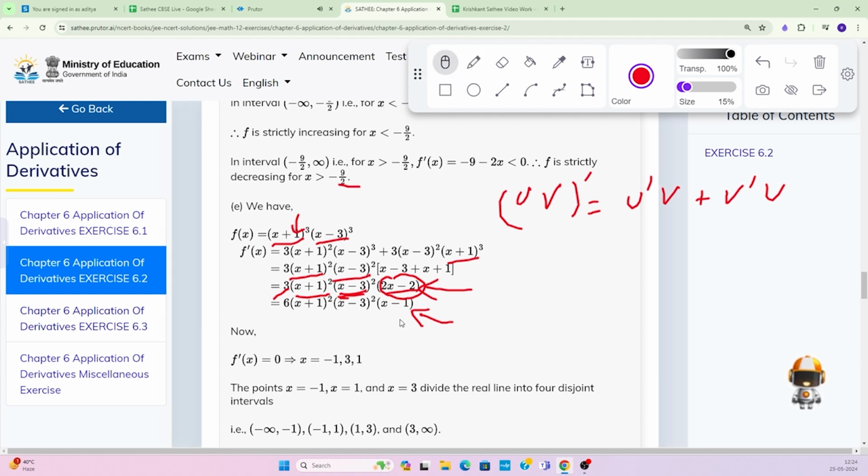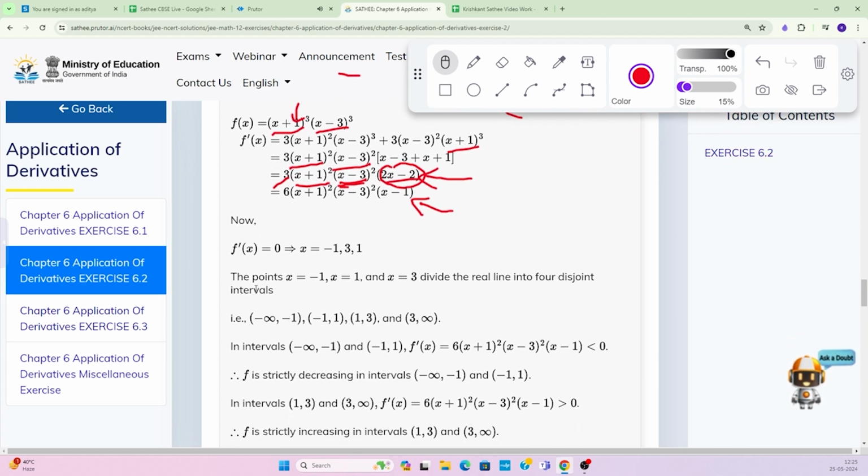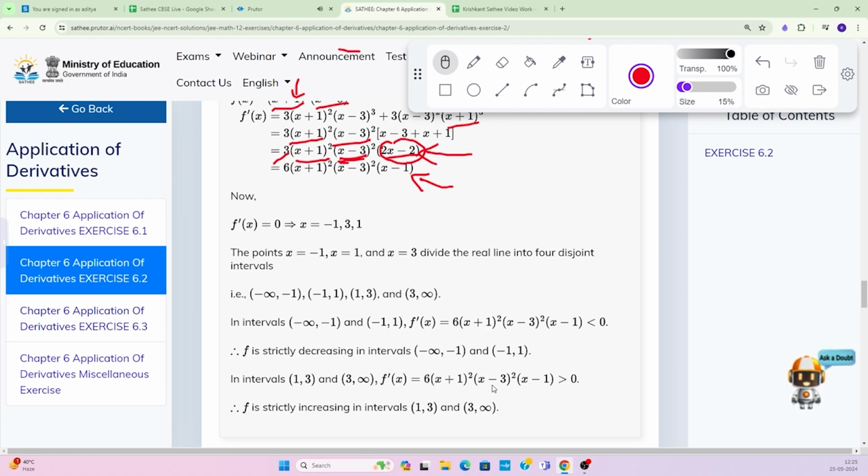If you take x greater than 1, then your f prime will be positive. This means increasing. So whenever you have x greater than 1, the function is increasing, but you have to restrict over where? Till 3. At minus 1, at 3 and 1, the derivative is 0. So this means you will have 4 intervals like this.